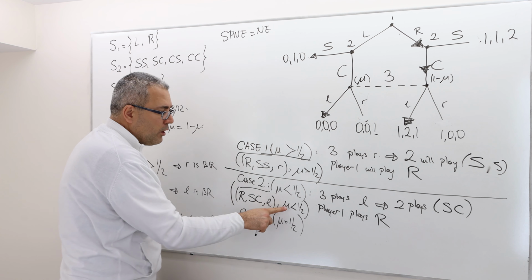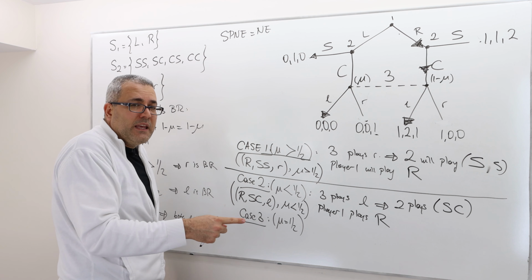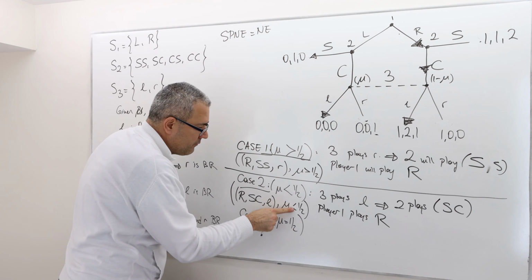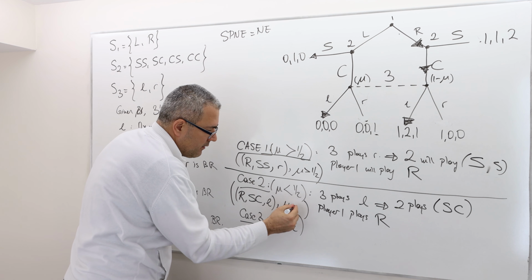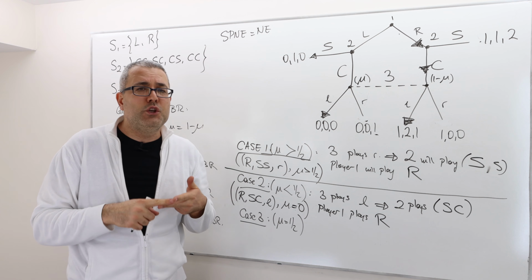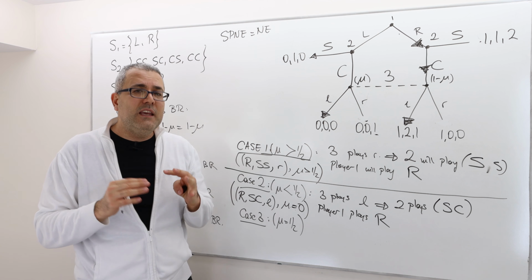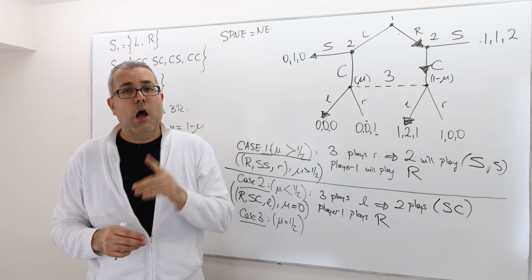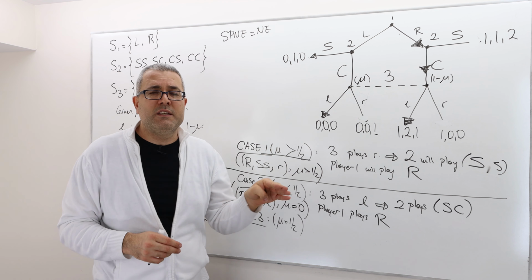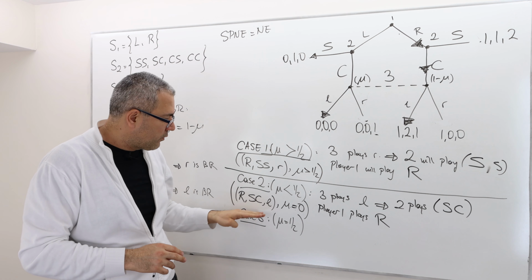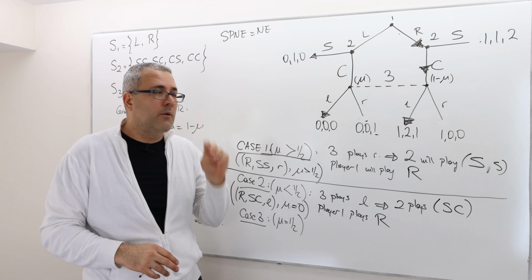So mu cannot be any number less than 1/2. It must be exactly 0. For example, mu equals 0.1, 0.2, 0.3, 0.4 are inconsistent with requirement 4. Only mu equals 0 is consistent with requirement 3. So therefore, mu has to be 0.